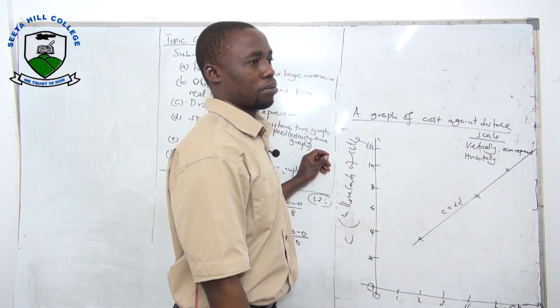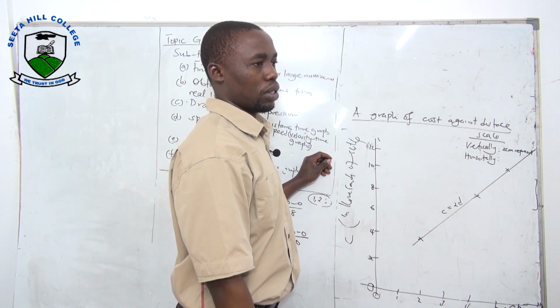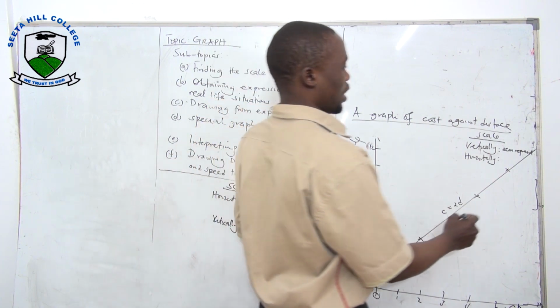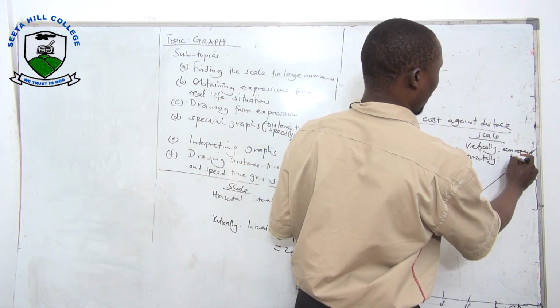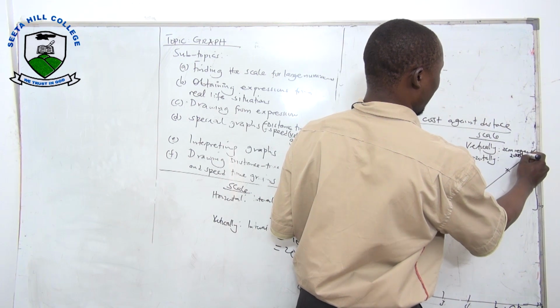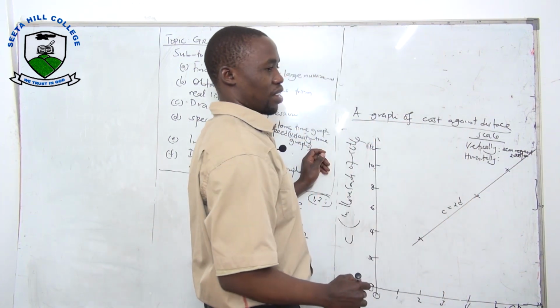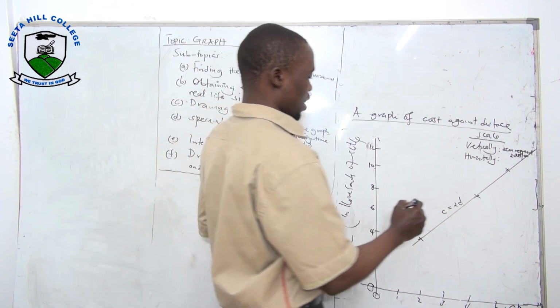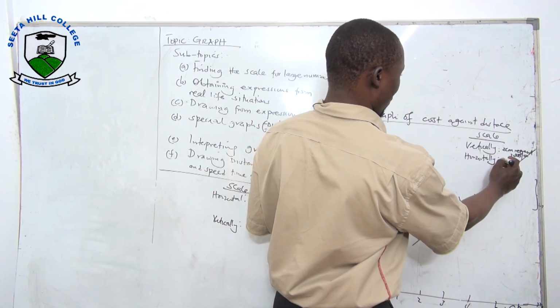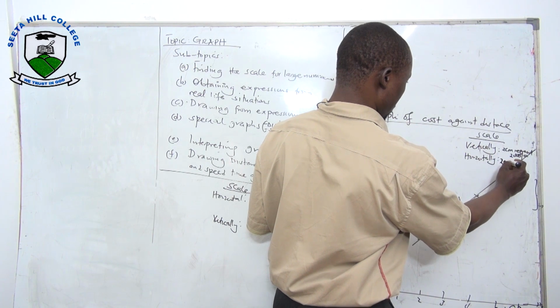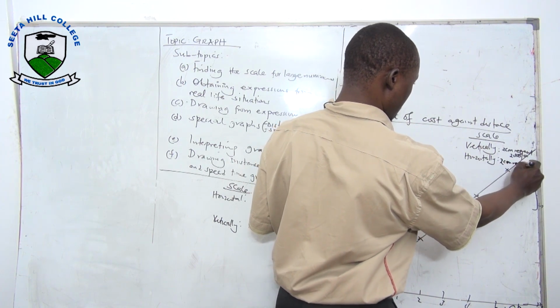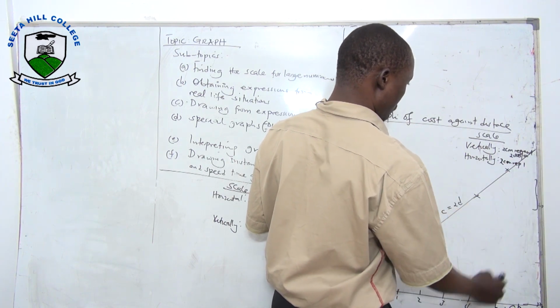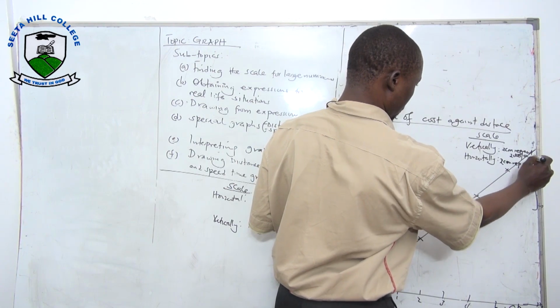Do you capture that? Represent 2,000 what? Shillings. Then horizontally, 2 centimeters represent 1 kilometer.